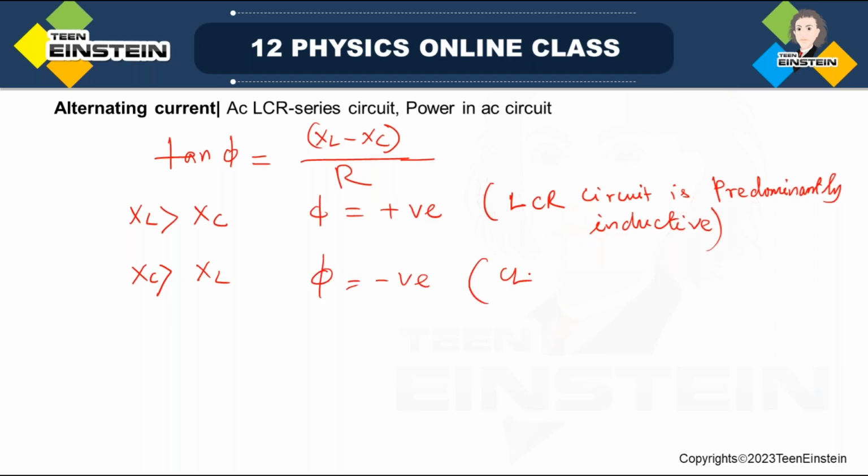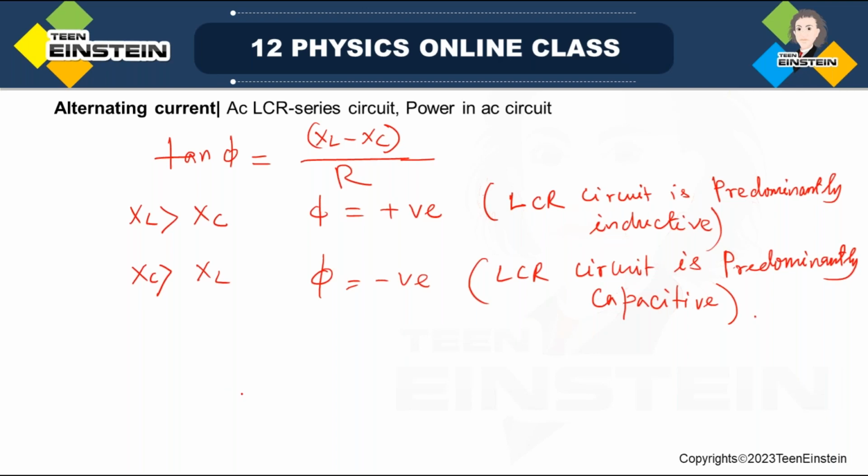That means the LCR circuit is predominantly capacitive circuit. Okay, predominantly capacitive circuit.